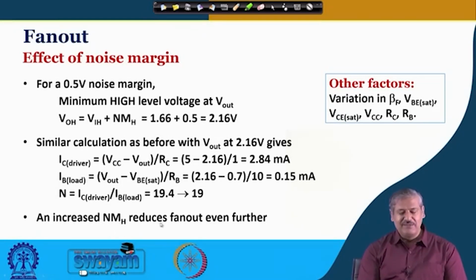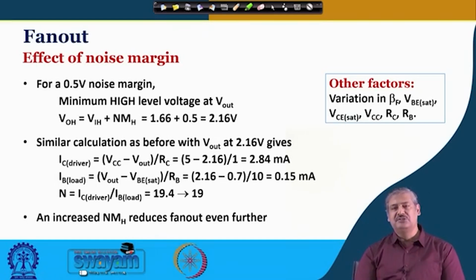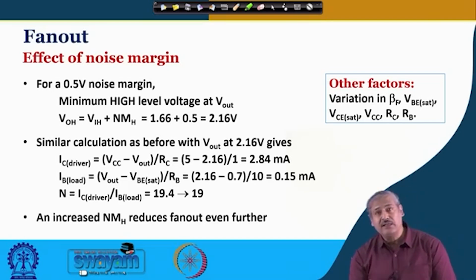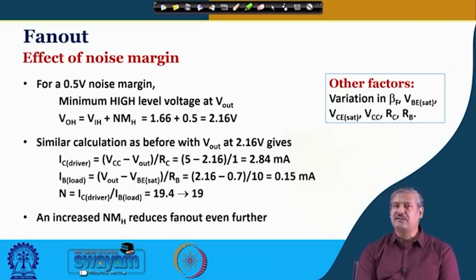So, if you have more noise margin, there will be a larger fall in the number. And there are other parameters that we have not considered in this discussion, like the beta that we considered as 50. When you use the transistor, it could be 40 also, or 30 also, depending on the make, and there will be transistor to transistor variation. So, you have to keep a worst case scenario in consideration.